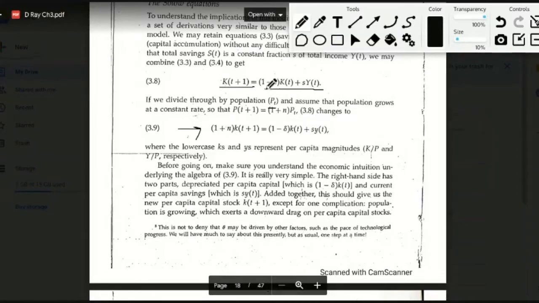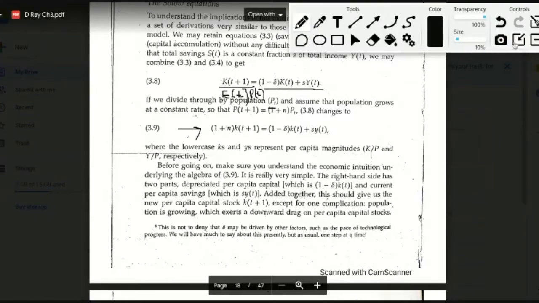To incorporate the technical progress into this model, what we will be changing is that now we are also dividing the two sides by E_t. So now we are not just dividing the two sides by P_t, but we are dividing them by the product of E_t and P_t, which is nothing but the effective population.